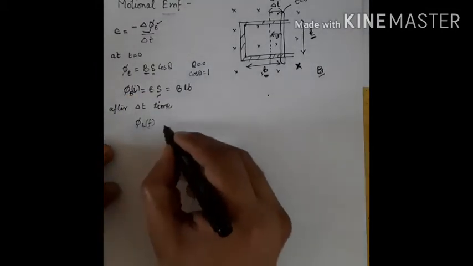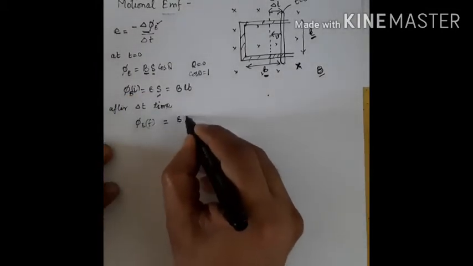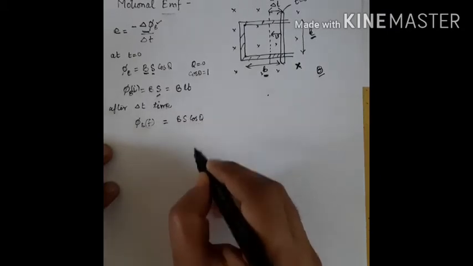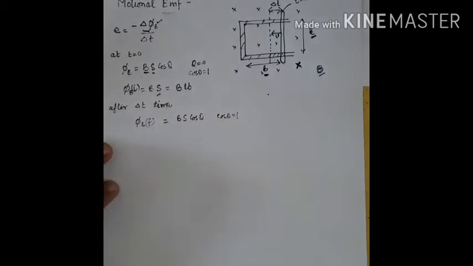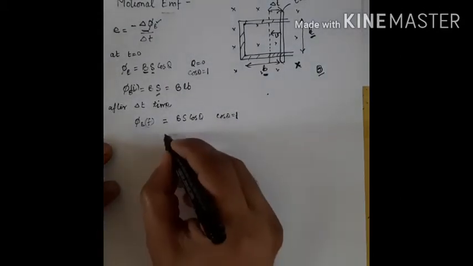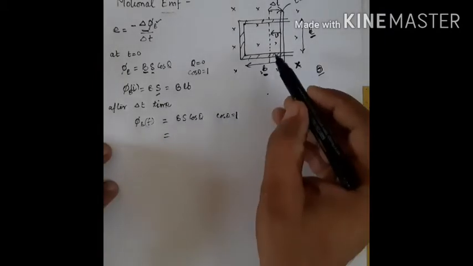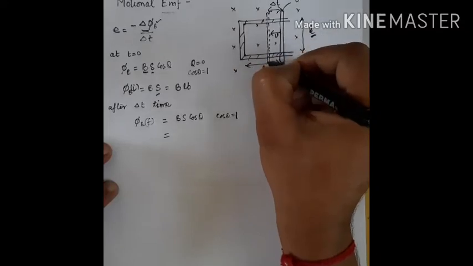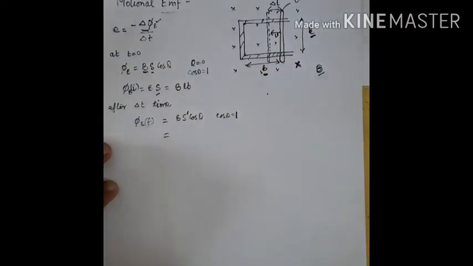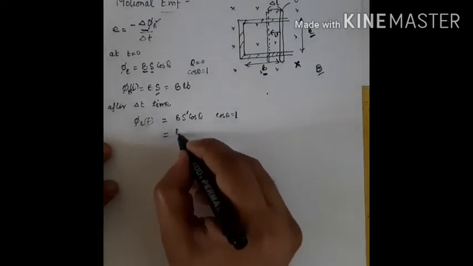So the final flux will be equal to Bs cos theta. Again theta is equal to 0, so cos theta is equal to 1 because we are not changing the direction. Since the surface area has changed because the rod has moved to this position, I take this surface area as S dash. So it becomes Bs dash.